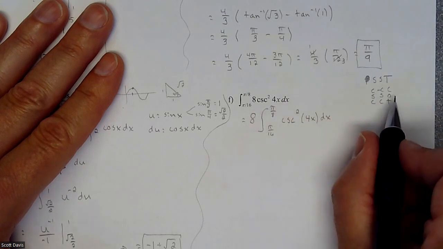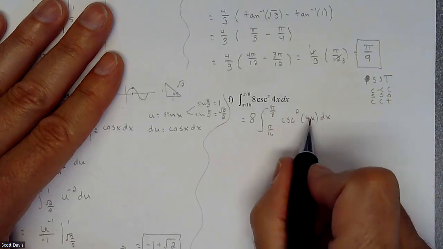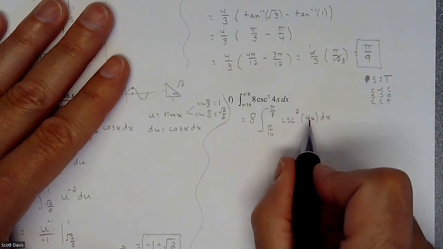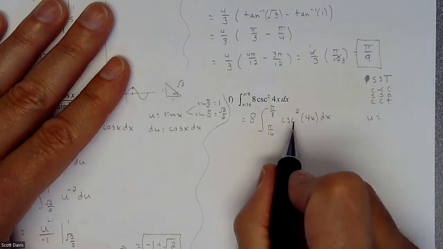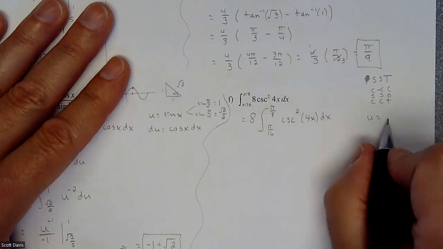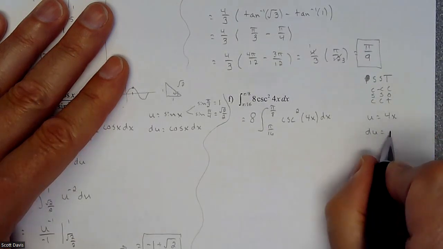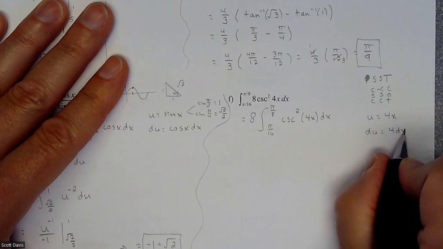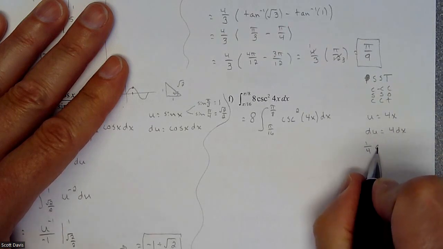So we're undoing it. And the little thing that we have to account for is this 4x. So let's let 4x equal u. du is going to equal 4 dx. We'll take the 4 over, make it a 1/4.